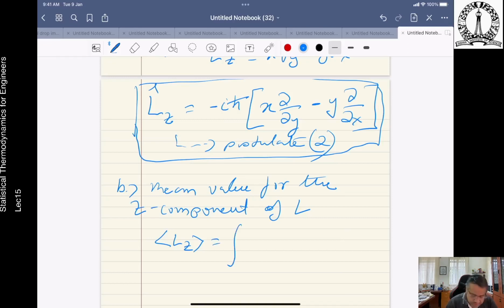So this is given as psi star Lz, the operator, acting on psi d tau, tau being the volume.